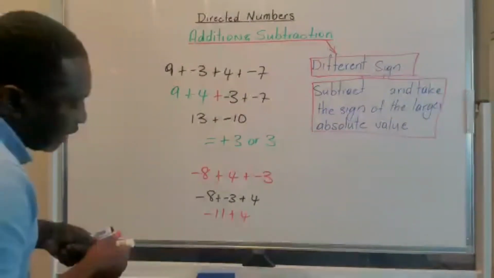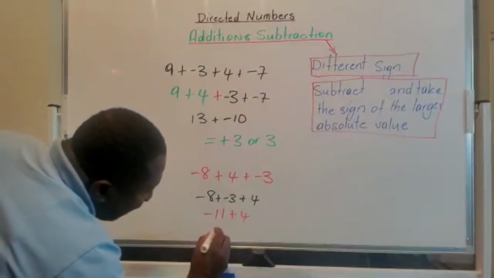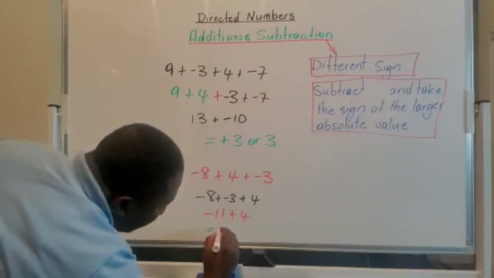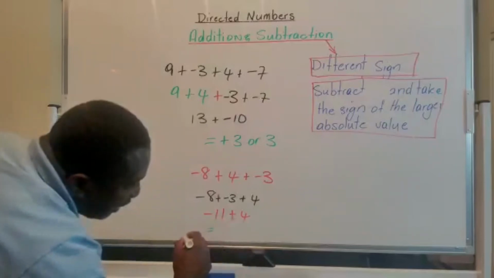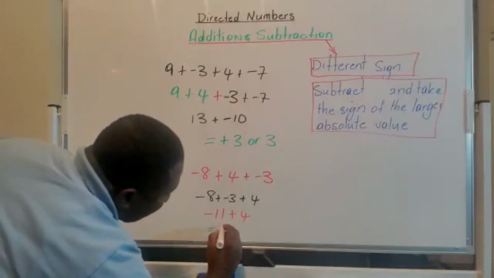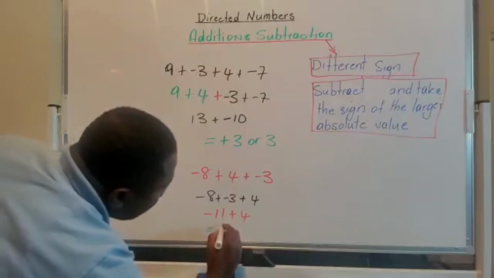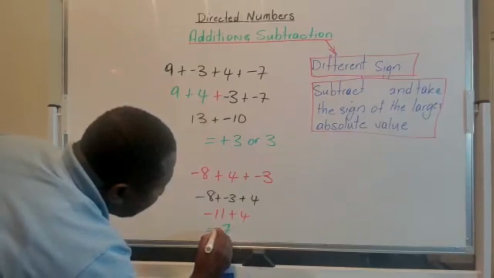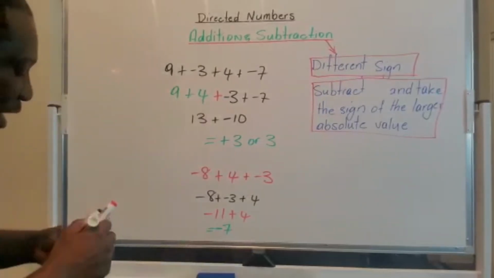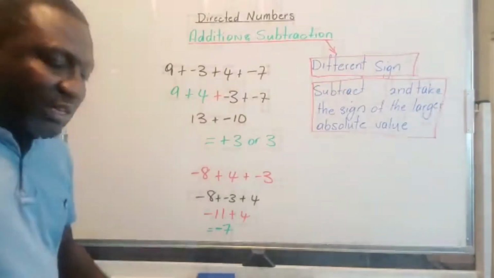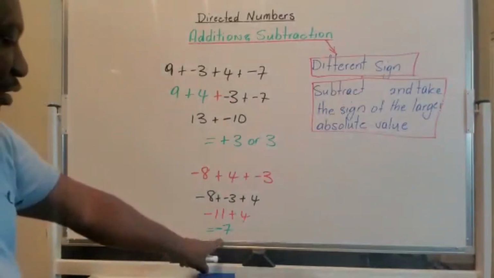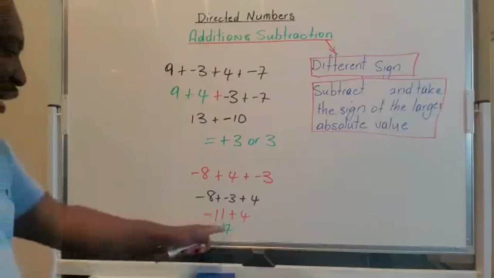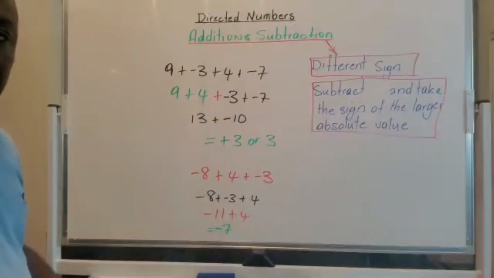Therefore, in this case, my final outcome will be negative. 4 from 11 will leave us with 8. So my final outcome would be negative 7. Sorry guys. So 4 from 11 will give us 7. Not 8 but 7. My final outcome will be negative 7 because I'm taking the sign of the larger absolute value.